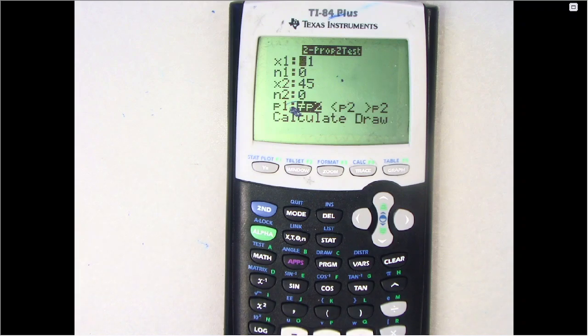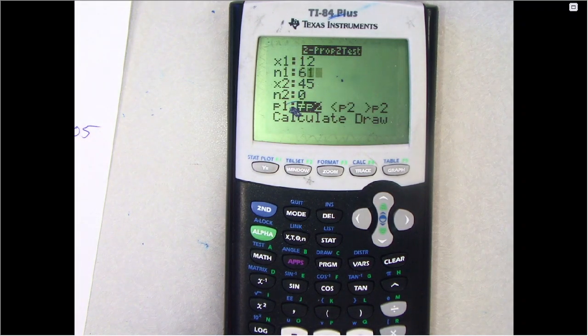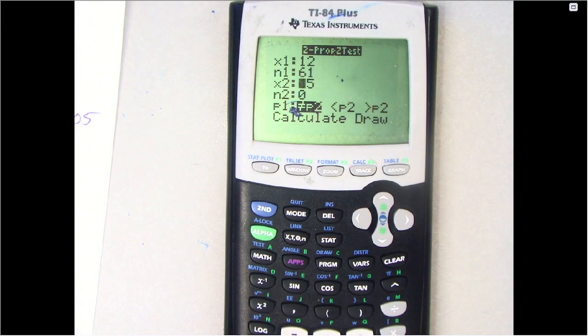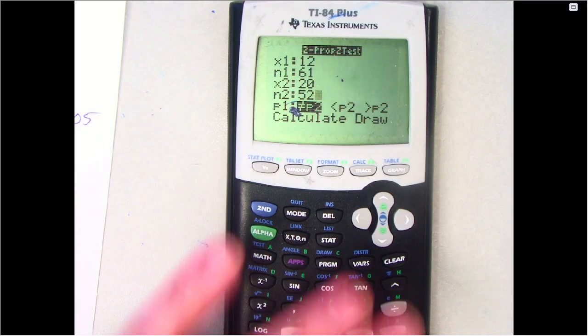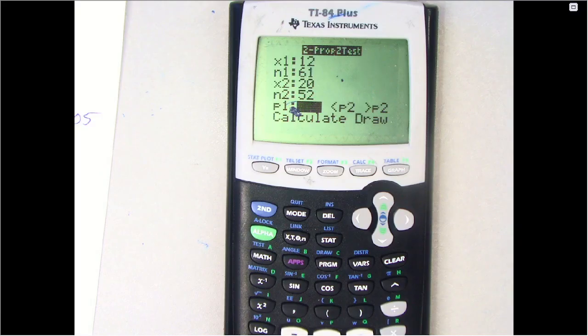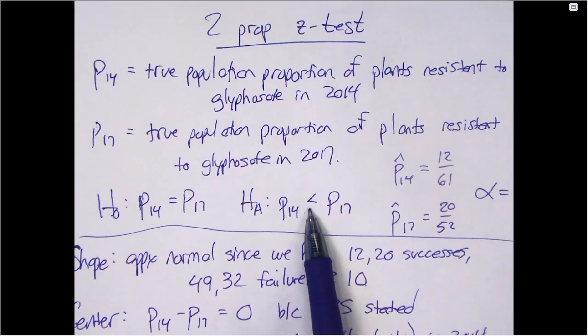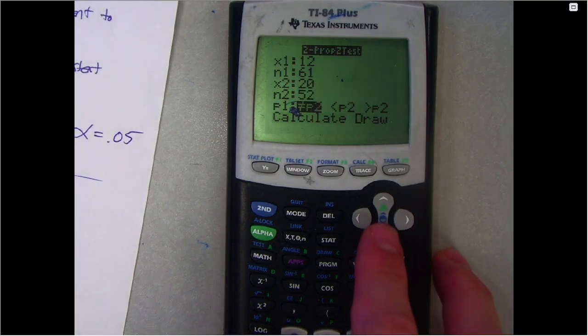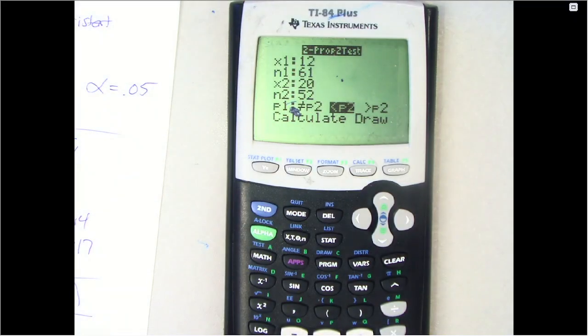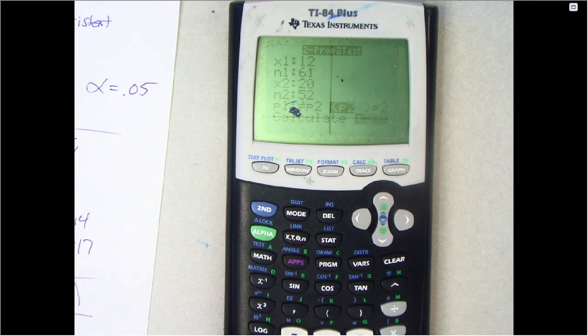So I'm going to put 12 out of 61, that's what happened in 2014, and then 20 out of 52. My HA was less than, so I need a less than sign here. Then I can do calculate or draw, whichever you prefer.